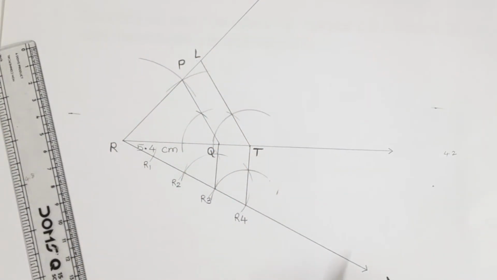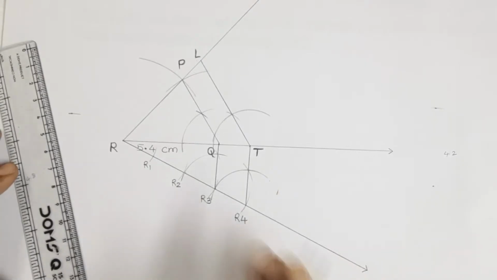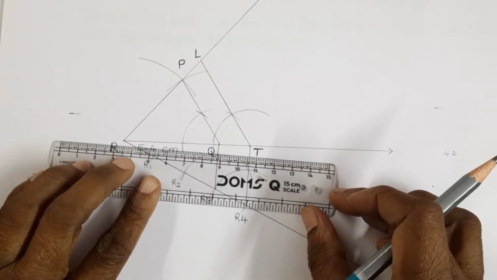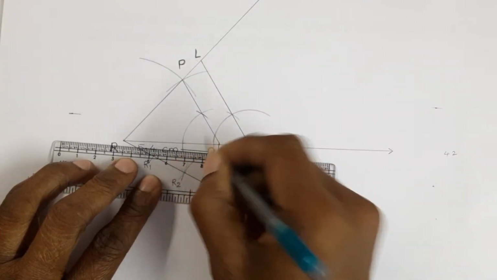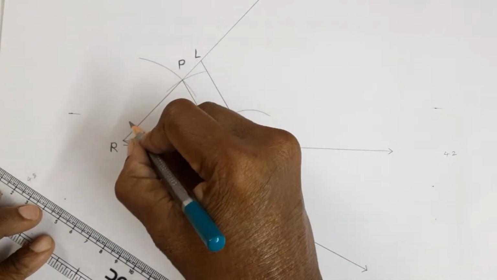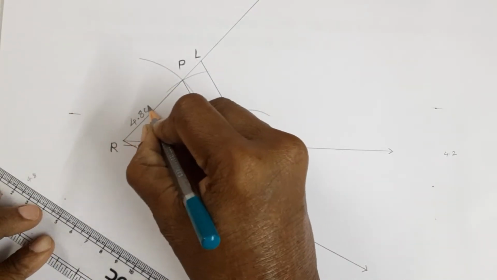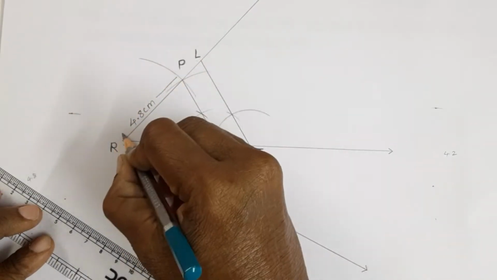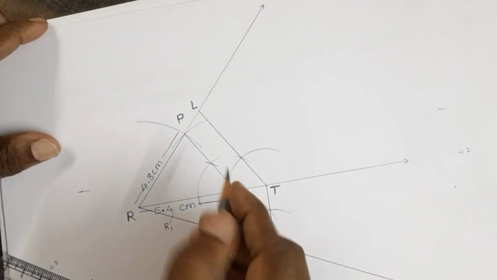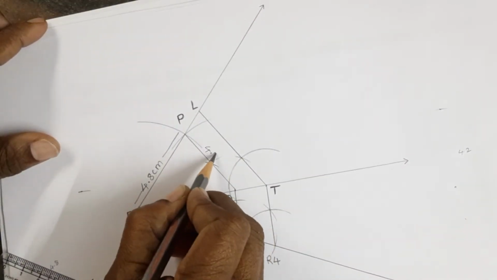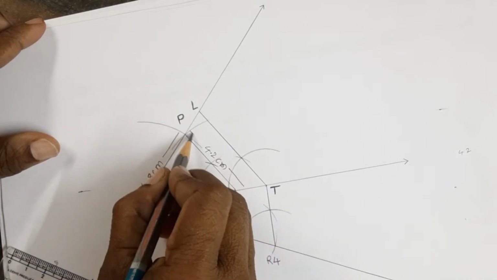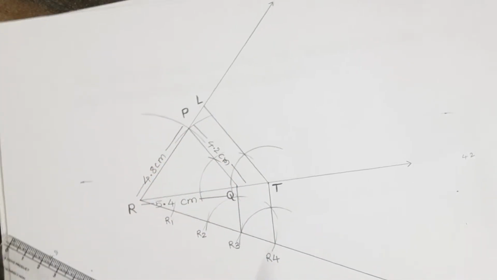Okay, and now the measurement, write down the measurement here. This is of 5.4, students. RP is the 4.8 centimeter. And then here, students, PQ is the 4.2 centimeter.